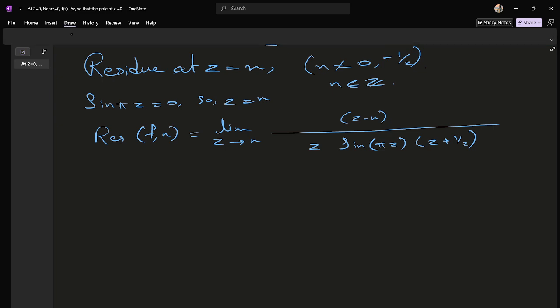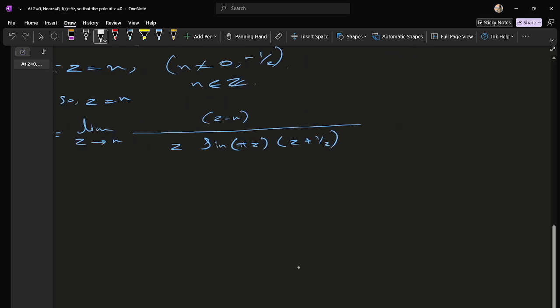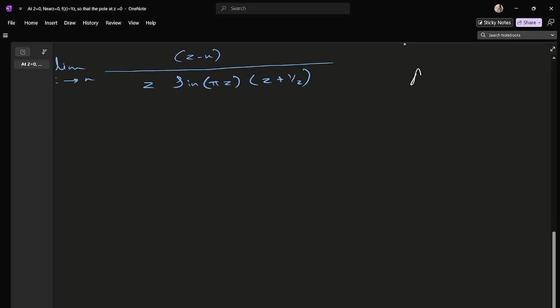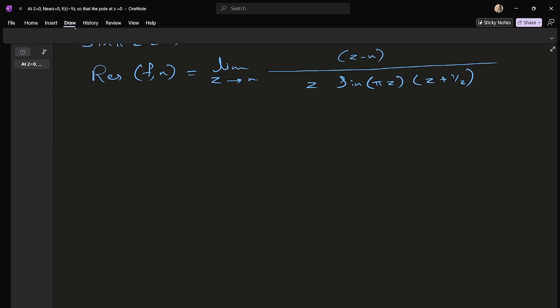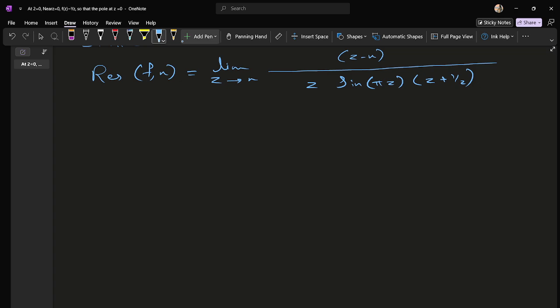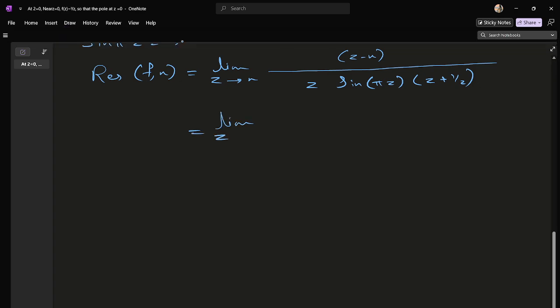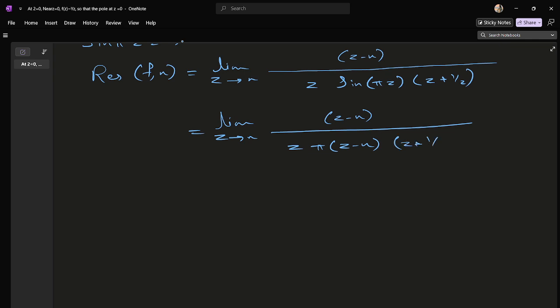We saw that at z equals n, sin(πz) is equal to π(z − n). Putting it in this limit, we get (z − n) remaining the same, and in the denominator z times π(z − n) times (z + 1/2).